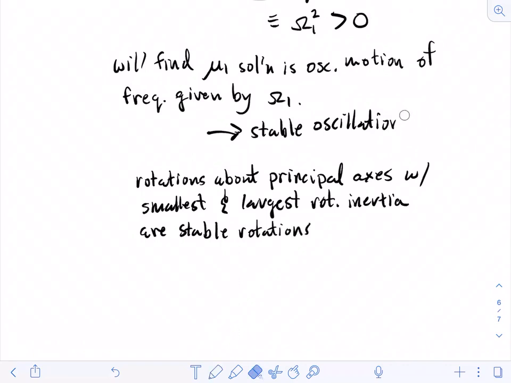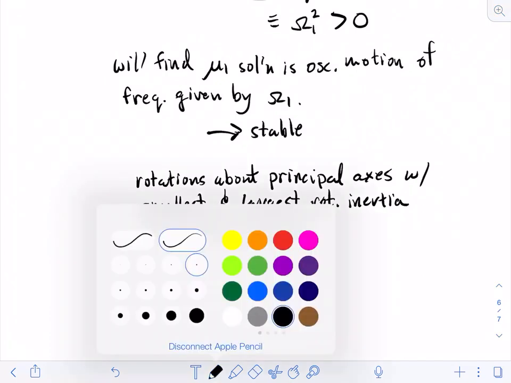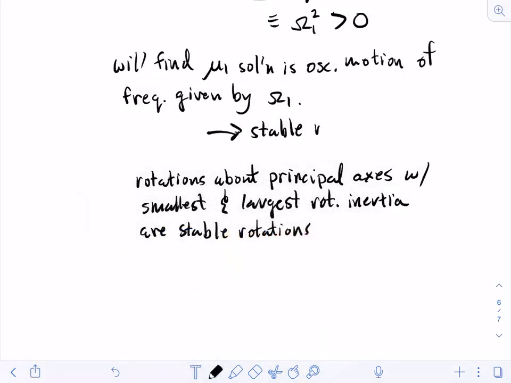Sorry, I should have said here, not a stable oscillation. It is a stable oscillation, but really what we're trying to talk about are rotations. So these about a principal axis, stable rotation.